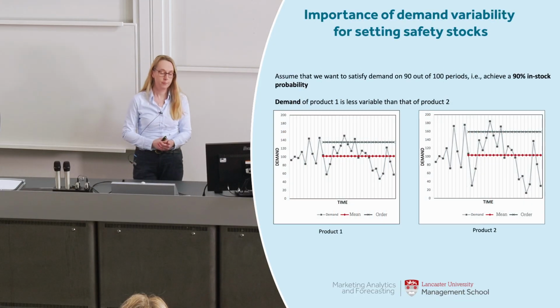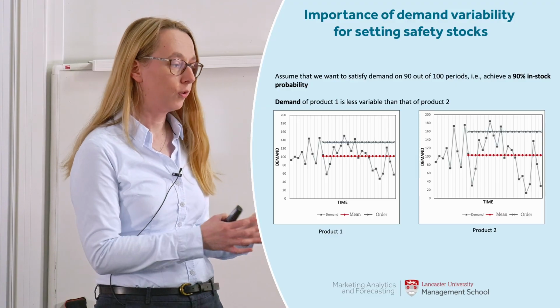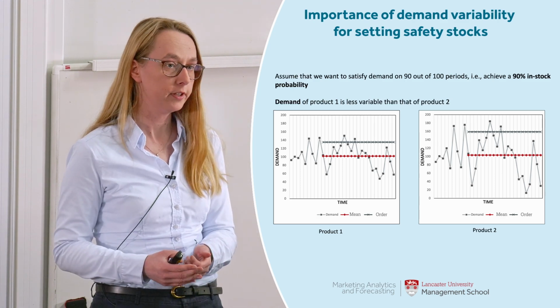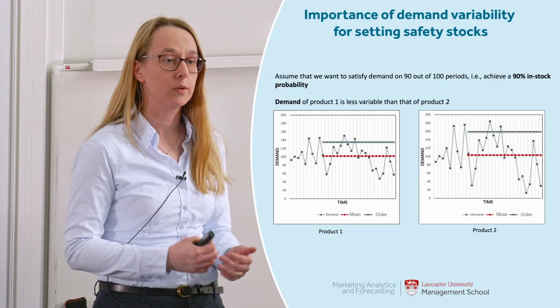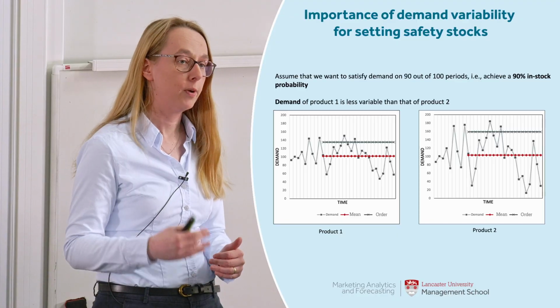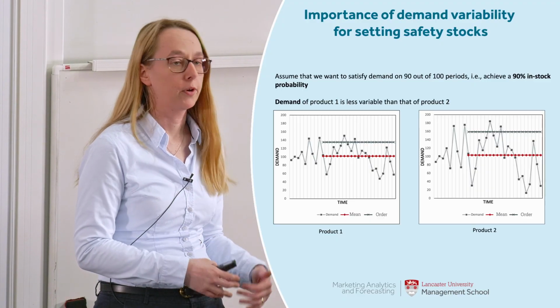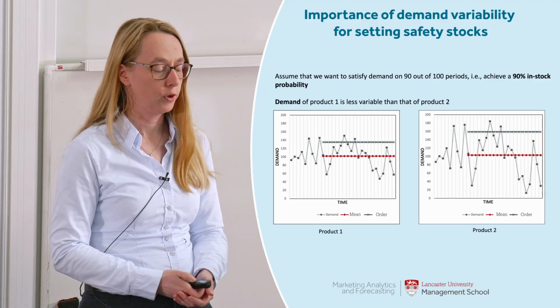So if we compare two different products and product 1 has less variability than product 2, and we assume that we want to achieve that for both products we can satisfy the demand on 90 out of 100 periods, so that means we have a 90% in-stock probability, then in that case the product which is more variable requires larger order quantities than the product with less variability, because we need to keep more safety stock to capture that additional variability of the demand.